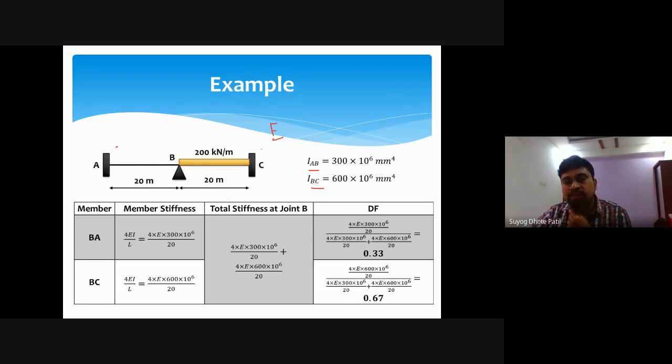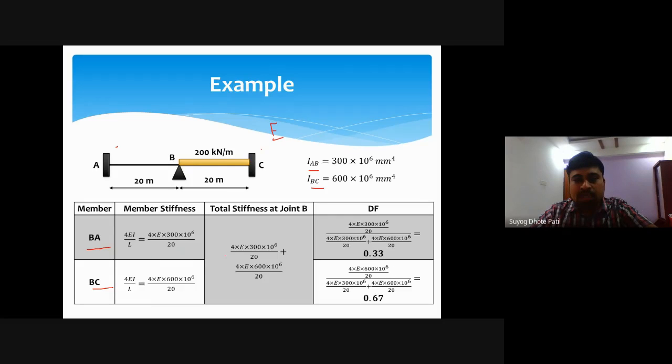Now calculate the member stiffness. For BA and BC, there are two members, so 4EI by L. Joint B is hinged, but orientation-wise, if joint A is fixed, joint B will also be treated as fixed, and joint C will also be fixed. So 4EI by L for BA and BC. Substitute all the values: L is 20, the same for both, and E is not substituted.